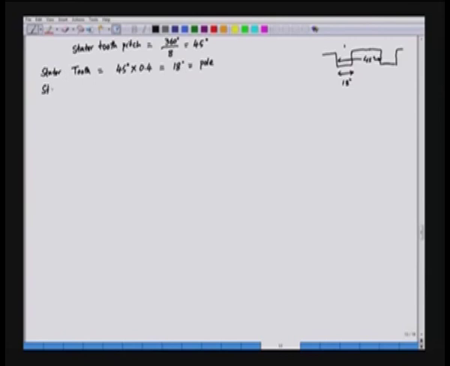Similarly, we can have stator slot. The stator slot is the tooth pitch 45 minus the stator tooth 18 degrees. So, what remains is the stator slot angle, and this angle is 45 minus 18, and that comes out to be 27 degrees. So, this is 18 and what remains here is 27. This is the stator.